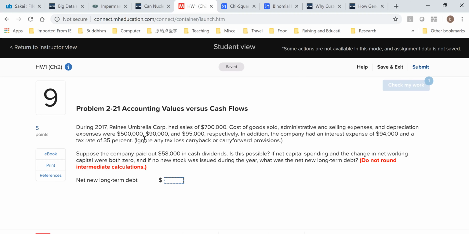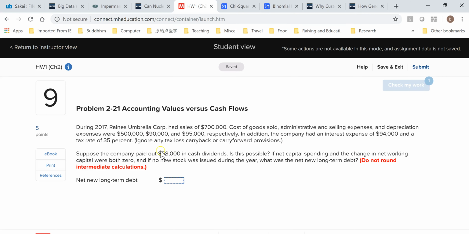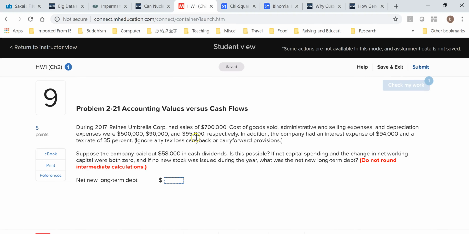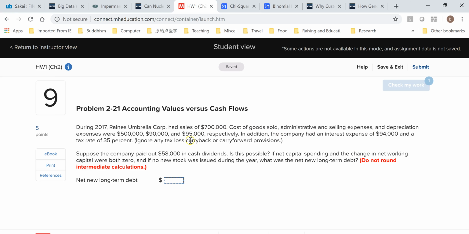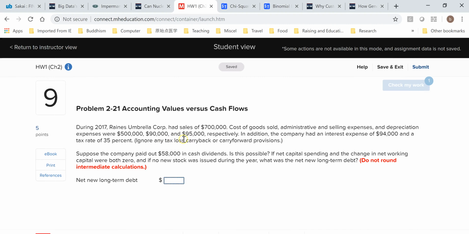The next one is administrative and selling, AS, that's simply 90,000. And depreciation, that's 95,000. I have to double check, because if you miss one zero, the number will not be correct.